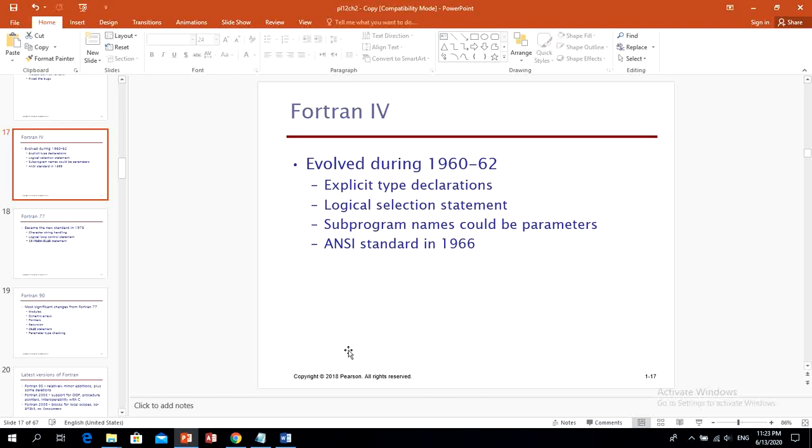ANSI stands for American National Standards Institute, which developed the standard, and it is used all over the world.